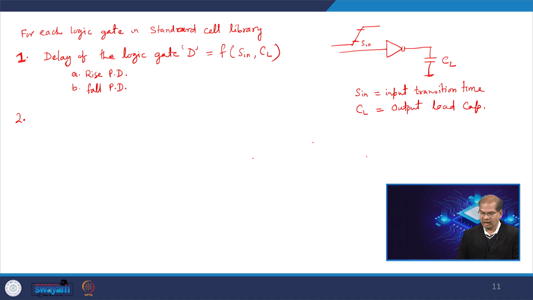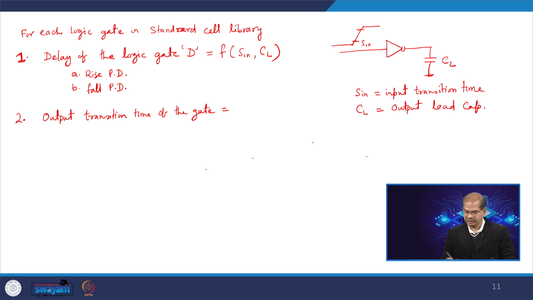The second case is the output transition time of the gate. So, what is happening here?